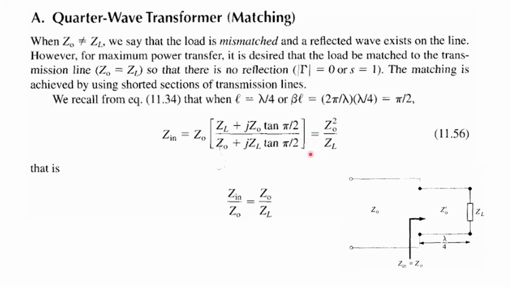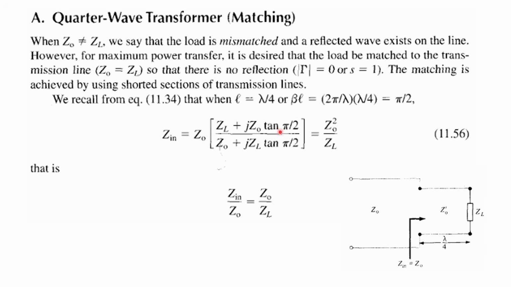If you remember, this is the formula to find the Z input. Now put L equal to lambda by 4. So beta L will be pi by 2. The formula is ZL plus j Z0 tan of beta L, this is for the lossless case.